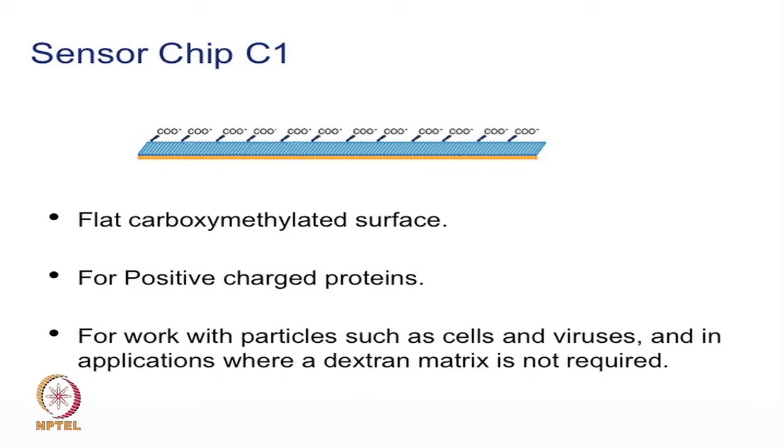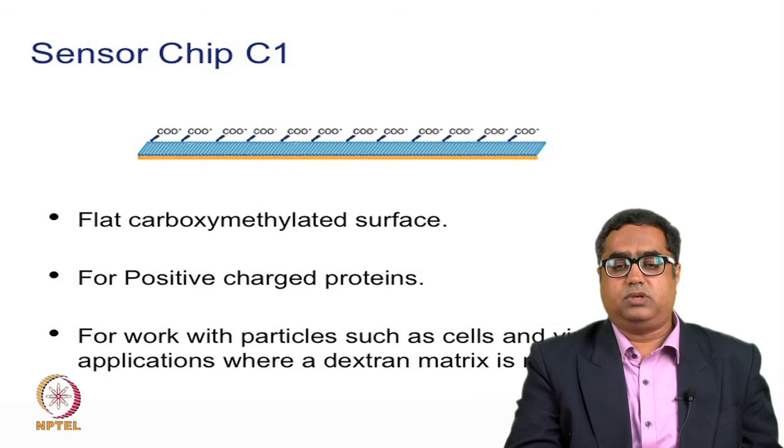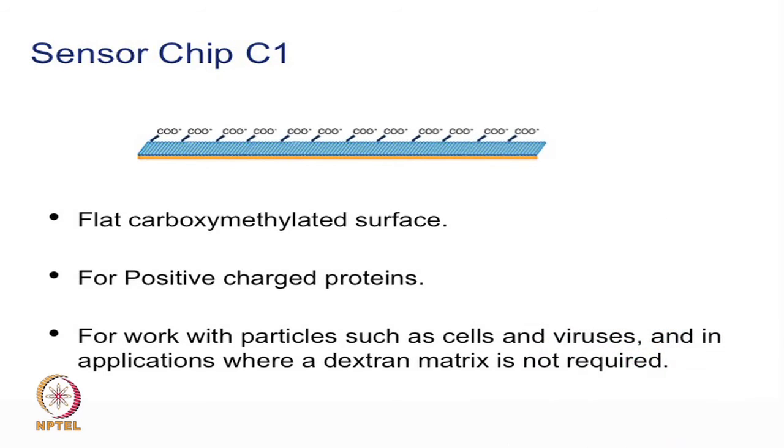C1 does not contain any dextran here, and it is a flat bed of carboxymethylated surface, very good with positively charged proteins, and can be used again with cells and viruses for a total immobilization of cells and viruses, and has been used by many in the literature for immobilization of bacterial cells and mammalian cells, and useful for studying interactions at cellular level.